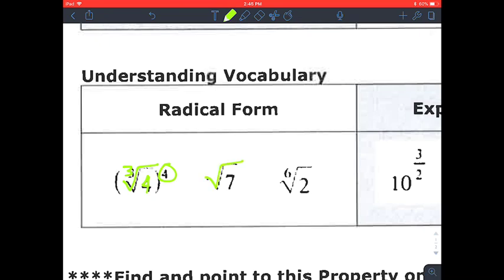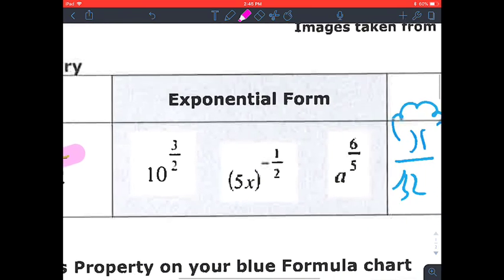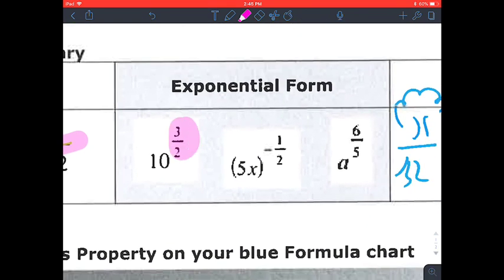Or maybe it's just the radical symbol and a radicand. But the key there is that they all have the actual radical sign for it. Whereas with exponential form, we're going to look at making them into fraction exponents.